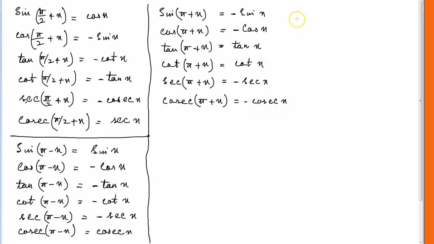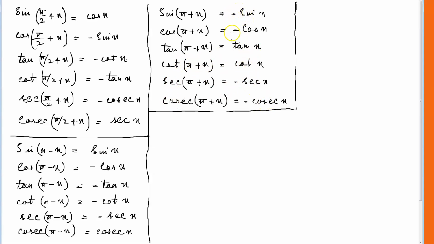So as you can see, in all of these formulas, again I have pi here, and there is no change in the trigonometric ratios, meaning that sine remains sine, cos, cos, tan, tan, cot, cot, secant, secant, cosecant, cosecant.